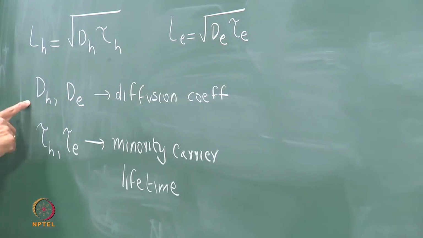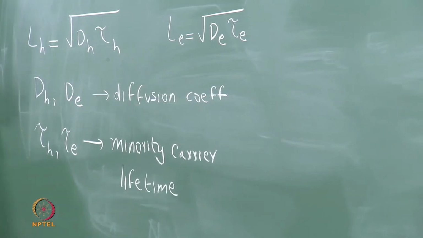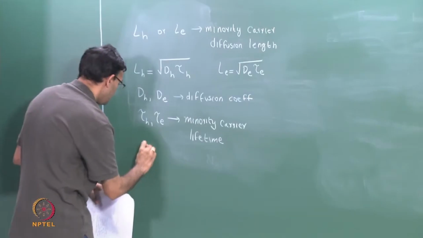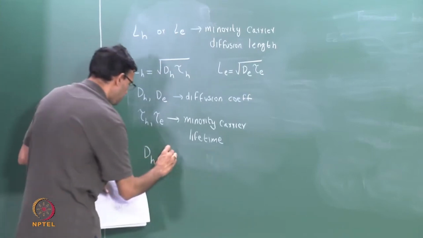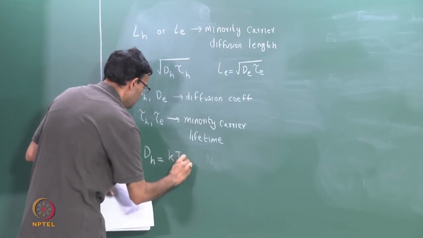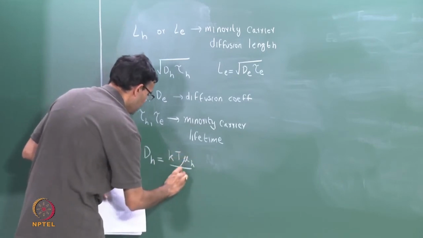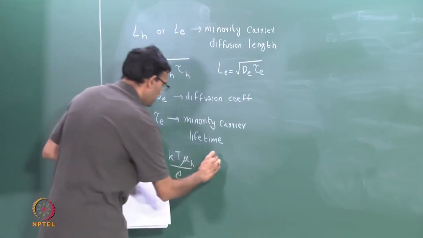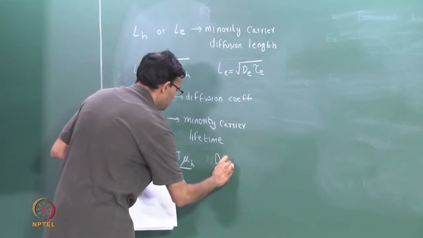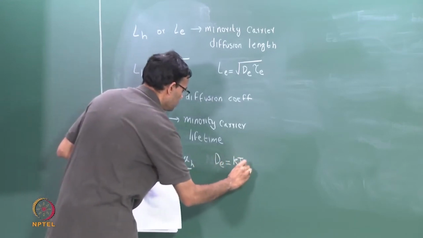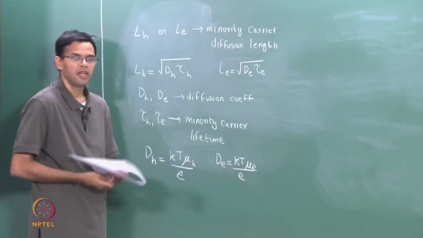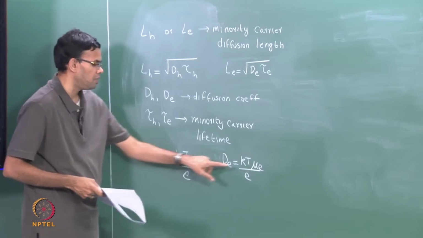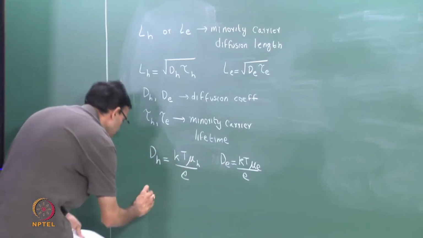D_H and D_E are related to the mobilities, so that D_H is kT mu_H over e, and D_E is kT mu_E over e, where we have seen earlier that mu_H and mu_E are the mobilities.